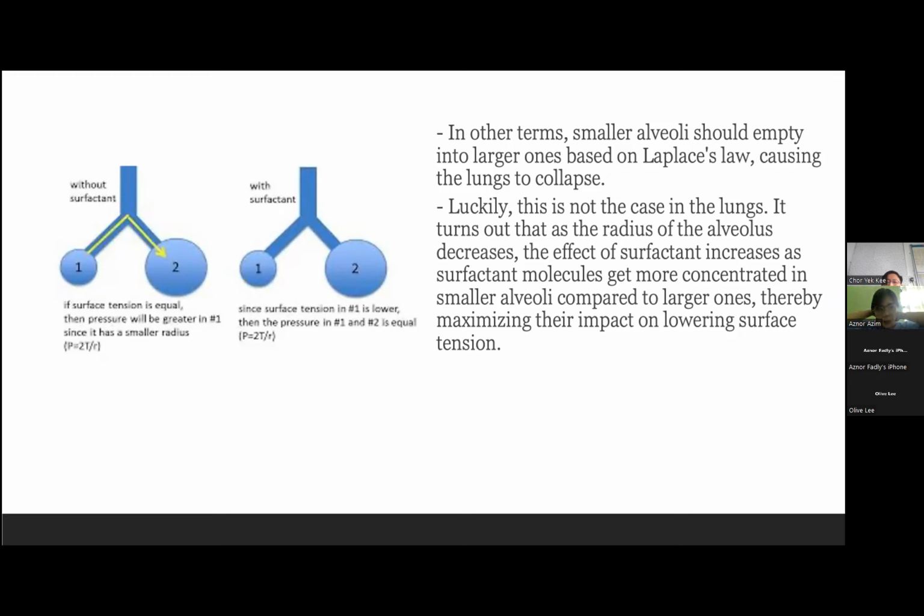The surfactant lowers the surface tension, especially in the smaller alveoli, because the surfactant molecules are closer to each other. So the effect is maximized by lowering the surface tension. Looking at the second picture, the alveolus has a lower radius.